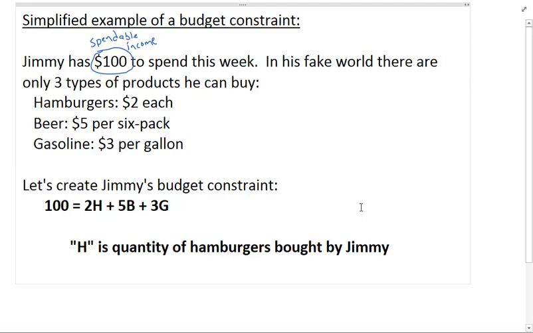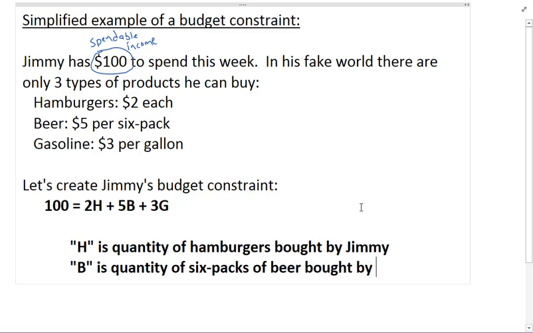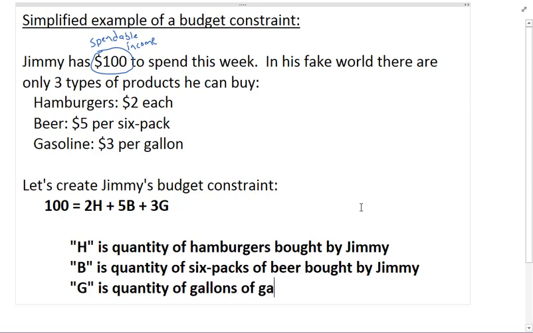B is quantity of 6-packs of beer bought by Jimmy. And G is quantity of gallons of gas bought by Jimmy.